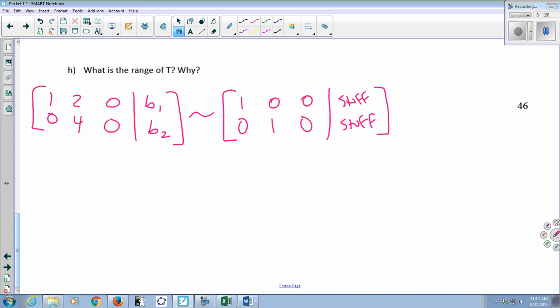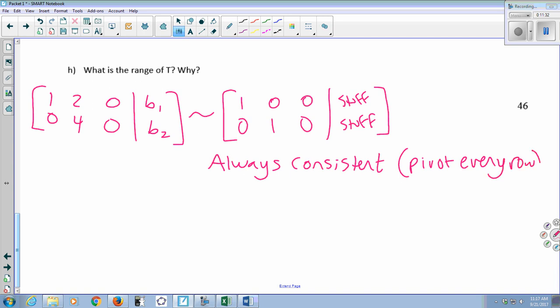Because this is always consistent, because there's a pivot in every row, that means that the range is all of R2. You can get all of R2 as outputs from the function T.